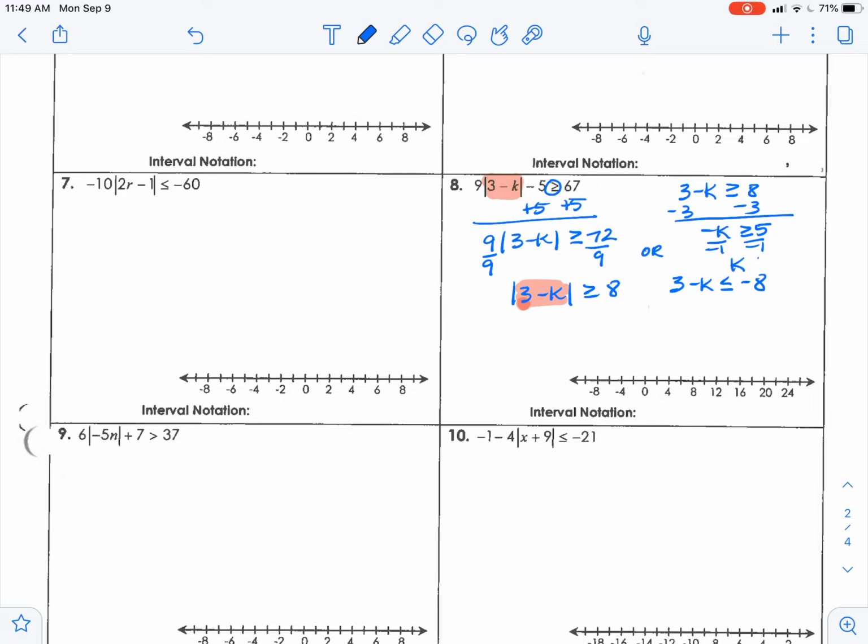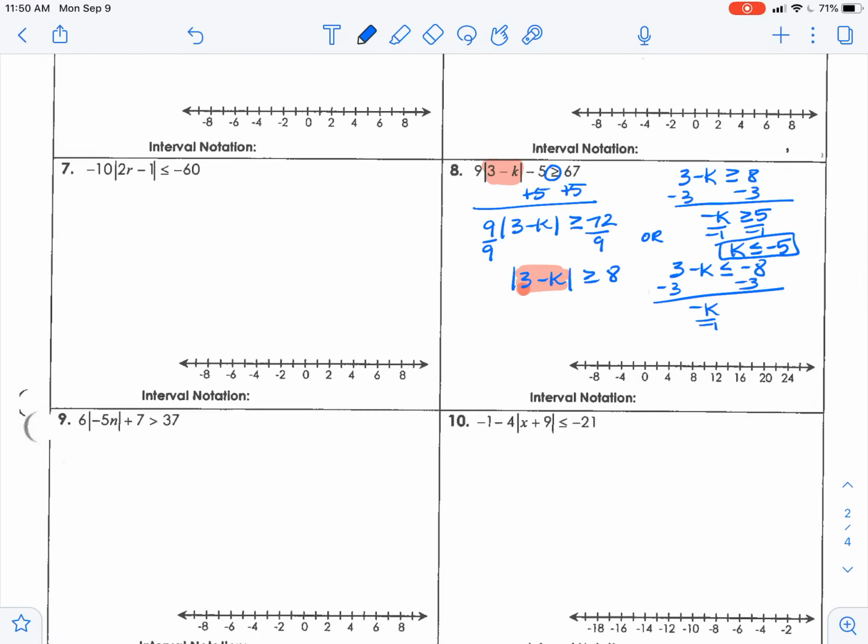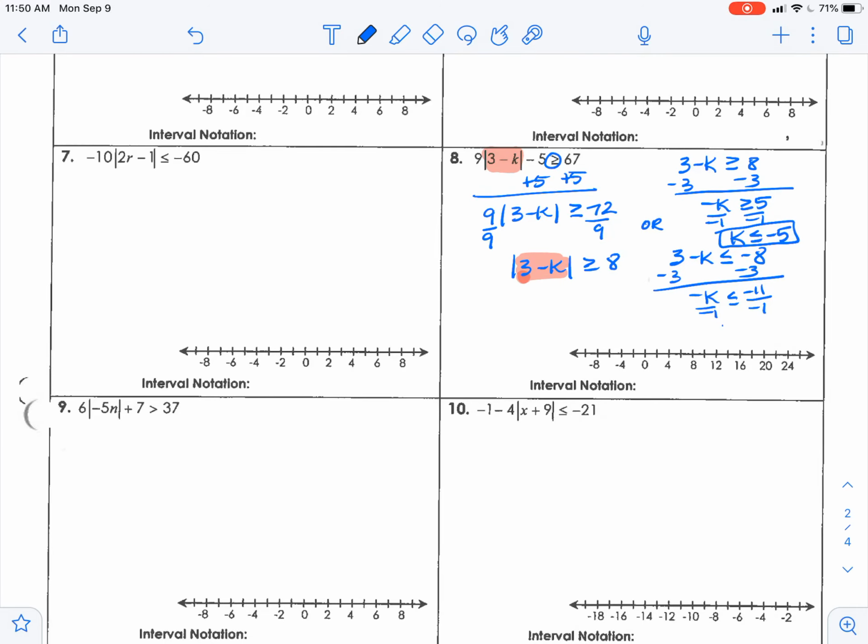So I have k is less than or equal to negative 5. I'm going to box that so I keep track of it. So negative k is less than or equal to negative 11. Again, I'm going to have to divide that off. Okay, and so again, I'm going to switch my sign.